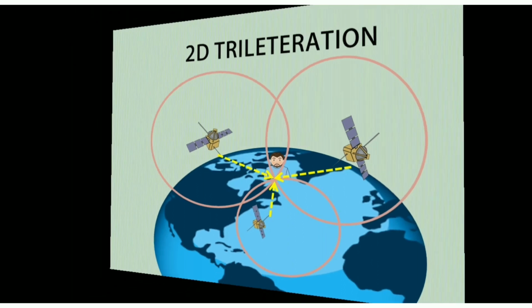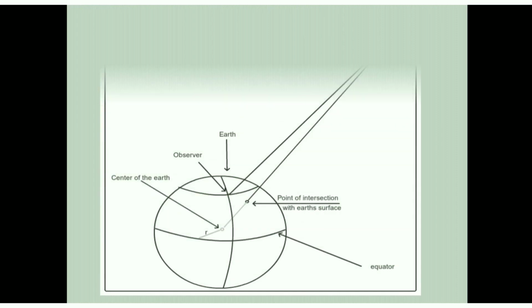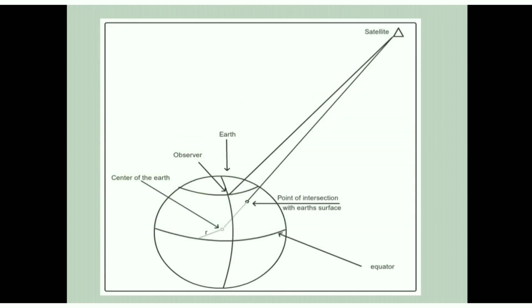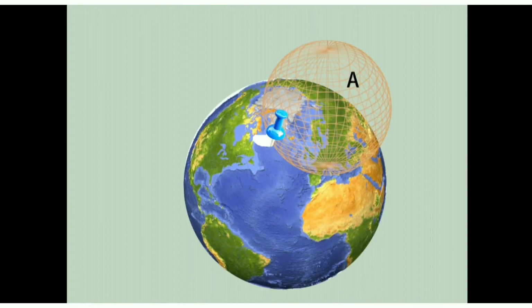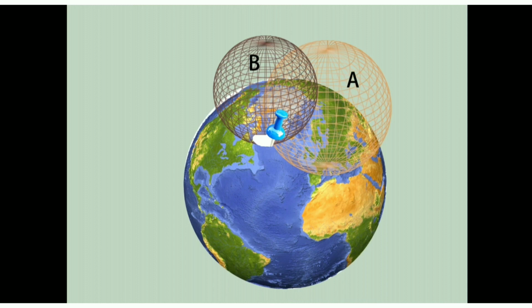In 3D trilateration, it is similar to 2D, but in 3D it takes latitude, longitude, and also altitude, which is height. Suppose you are 10 kilometers away from circle A, which has a radius of 10 km, and 5 km away from circle B. Let's intersect A and B. Now the 2 satellites can track that you are in the intersection area.